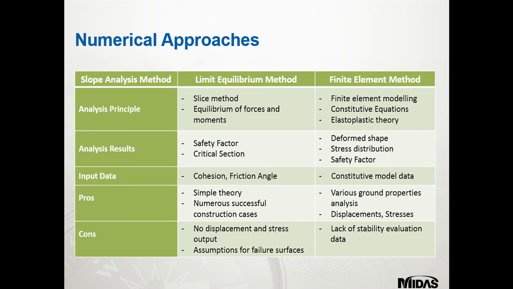So for the analysis results, you get the results for the factor of safety and the critical failure surface. In the finite element method, you get the results for deformed shape of the slope, the stress distribution, and the factor of safety. For the input data, you get the input cohesion and friction angle for soil layers in the limit equilibrium method, or LEM, which I'll constantly refer to during the webinar.